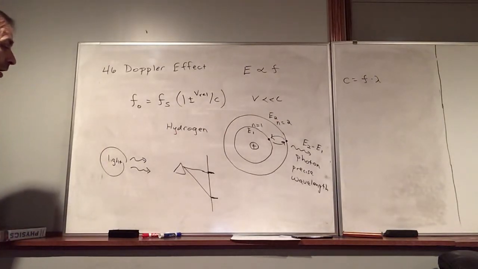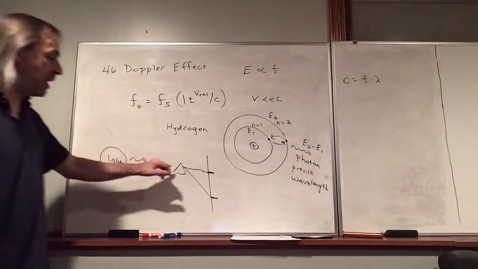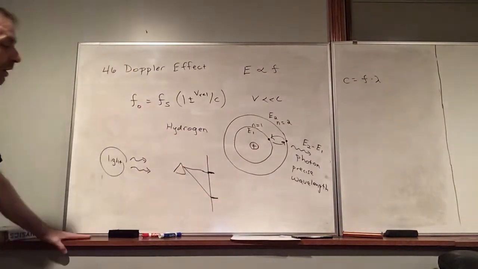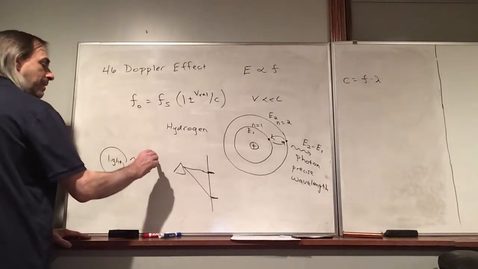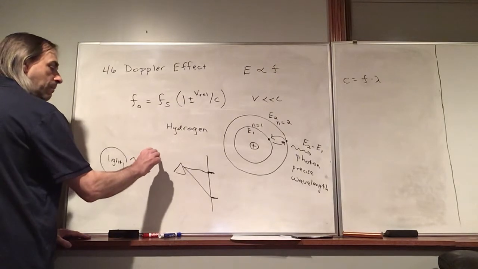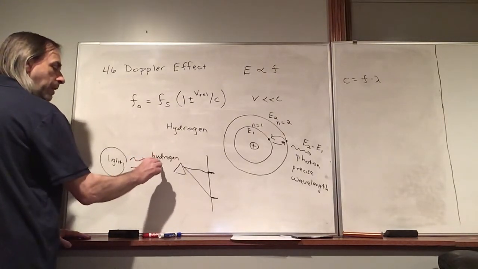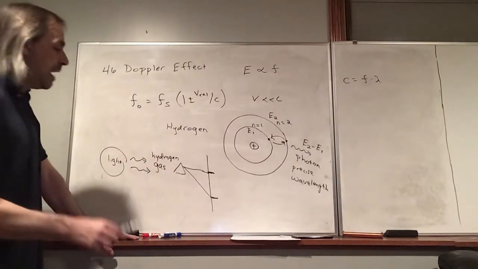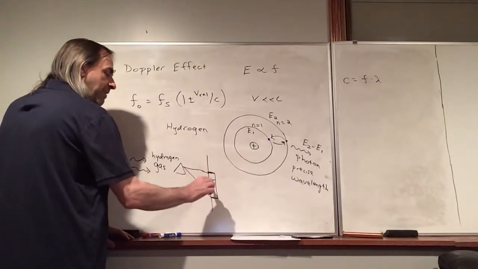And so, if you just have an ordinary light bulb and you shine light, you get this entire spectrum. Okay. Now the question is, what if we put, say, a hydrogen gas in between the light source and the prism? Now what happens is you get this whole spectrum here, except there are these lines.